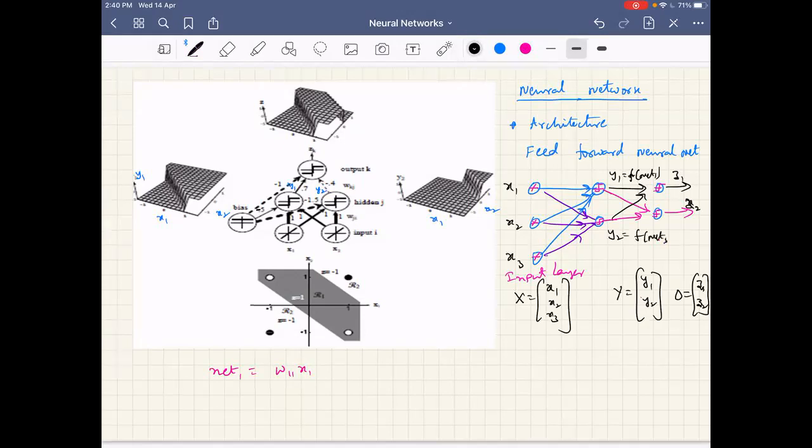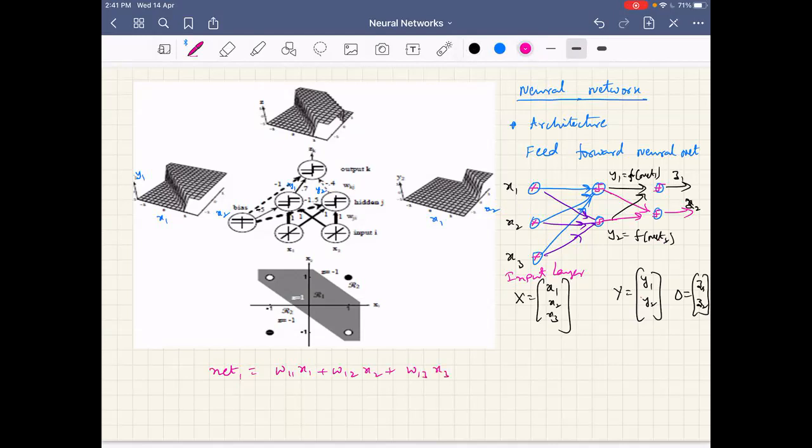What comes out immediately is the net values. So net1 is equal to w11 into x1 plus w12 into x2 plus w13 into x3.